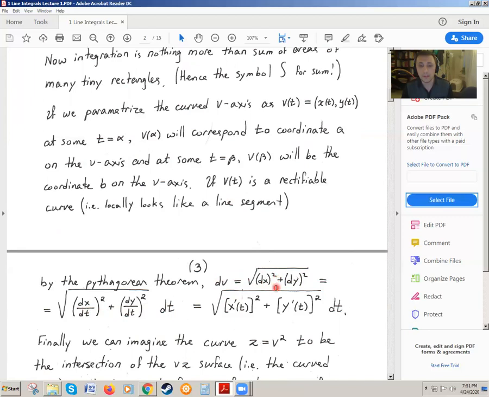Therefore, when I multiply by dt squared, which I can factor outside of the root sign, I obtain the root of (dx/dt) squared plus (dy/dt) squared, times dt, which ends up giving me the x-coordinate derivative of the parameterization squared plus the y-coordinate derivative of the parameterization squared, of which I take the square root.